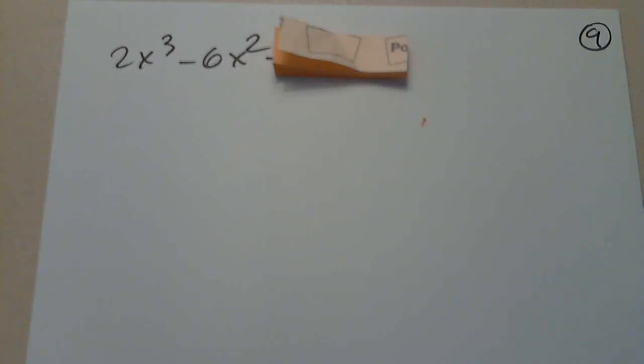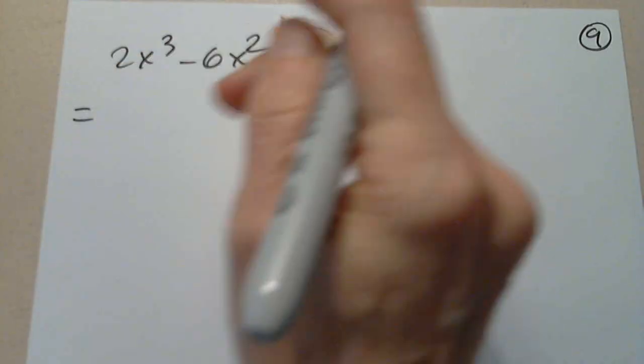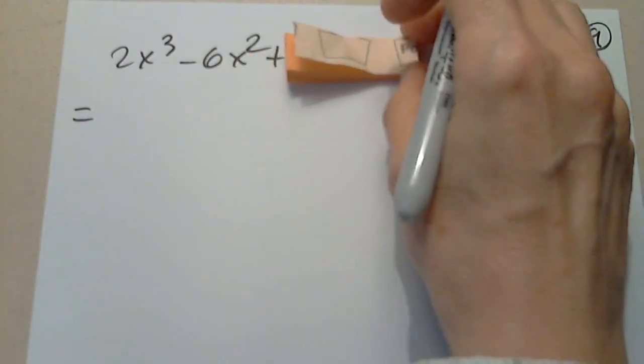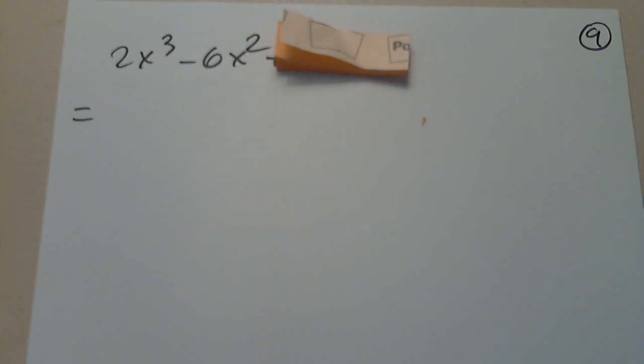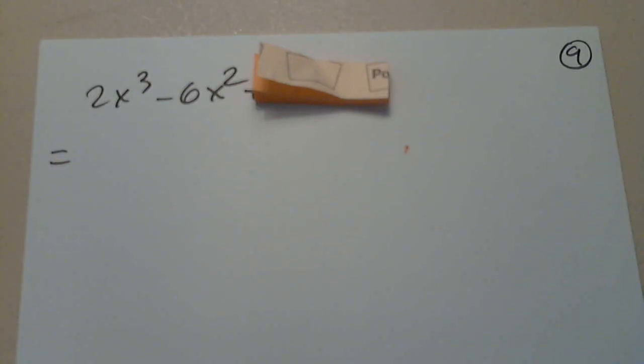Factoring by grouping. What can I factor out from the first 2? Anybody, please? What can we factor out from the first two terms? What is the common factor of 2 and 6?